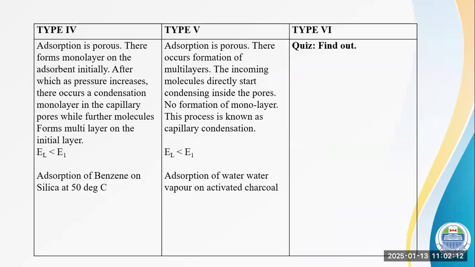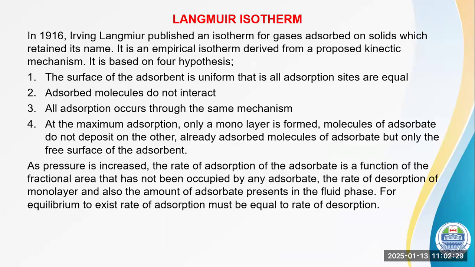So for type 1 to type 6, you have all these characteristic features which describe the different types of isotherms, both multilayer and monolayer, that are described in the previous slide. So please look through them.